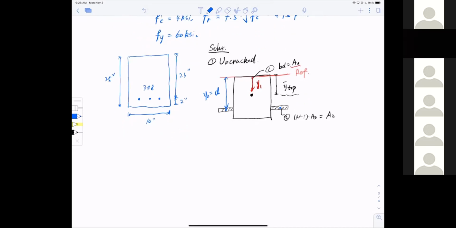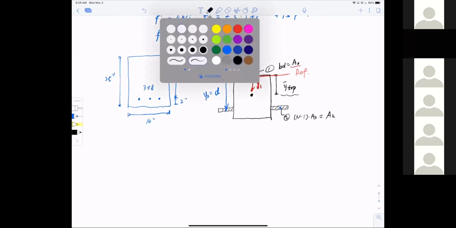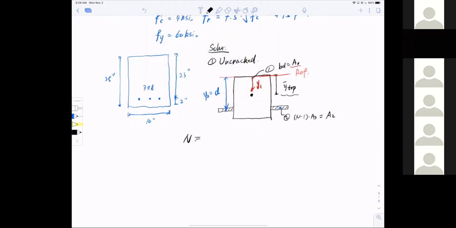Before moving forward, I have to recall a critical parameter called the modulus ratio n, equal to Es over Ec. Recall for steel, Young's modulus is 29,000 KSI, which is 29 million PSI.